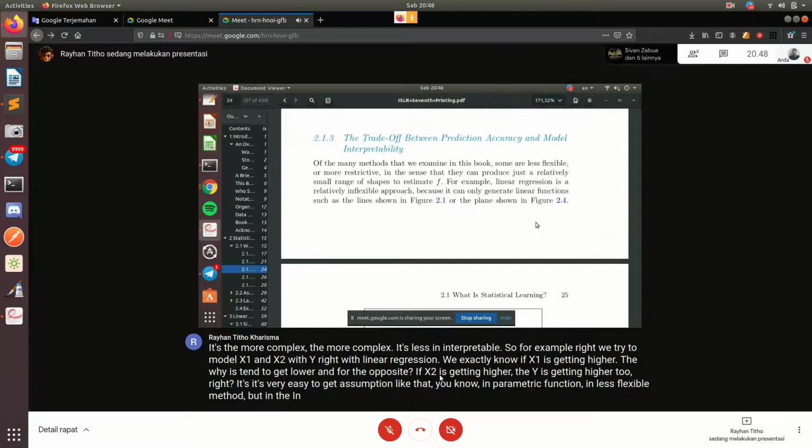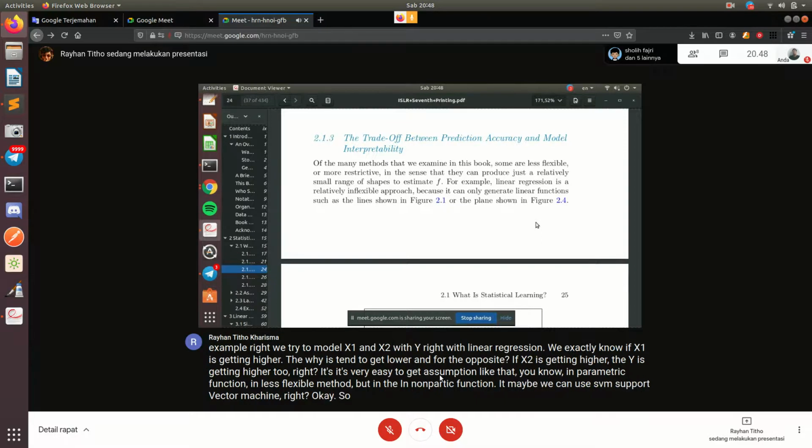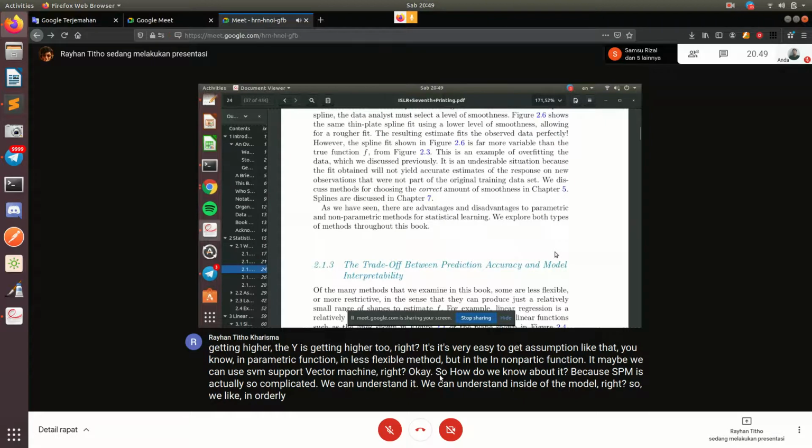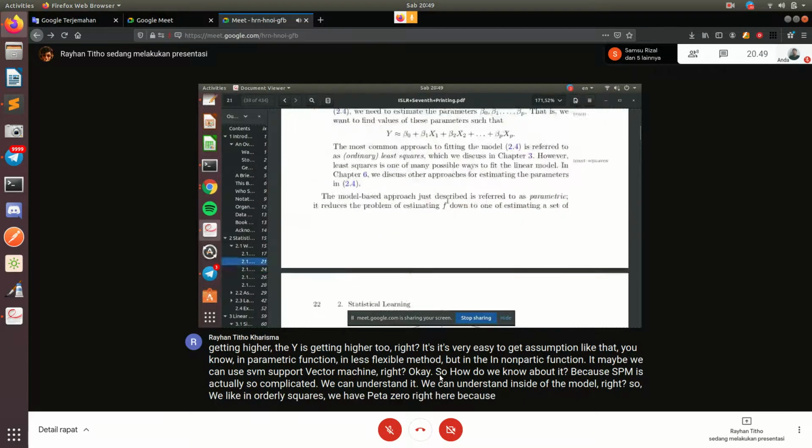But in a non-parametric function, maybe we can use a support vector machine, right? So how do we know about that? Because an SVM is so complicated, can we understand the inside of the model? In ordinary least squares we have beta zero and beta one.